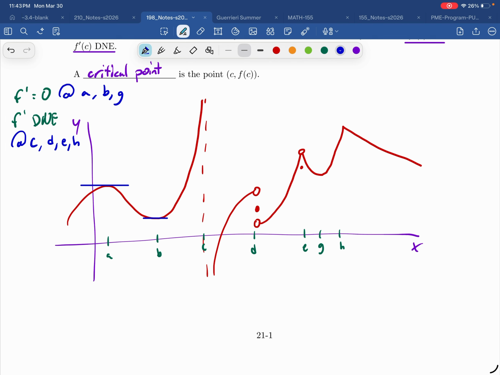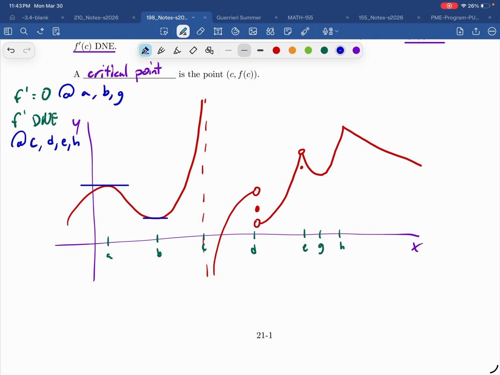So a critical point, remember, is a point where the derivative is 0 or does not exist. So let's just go ahead and get two little things going on here. f prime equals 0 or f prime does not exist.